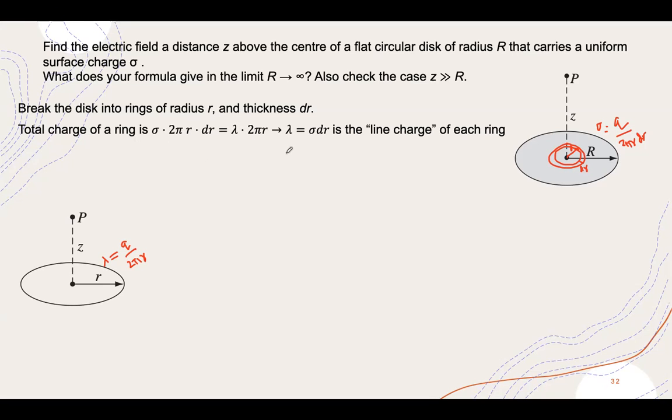This is consistent, and from here lambda is given as sigma times dr, simply in terms of the line charge.